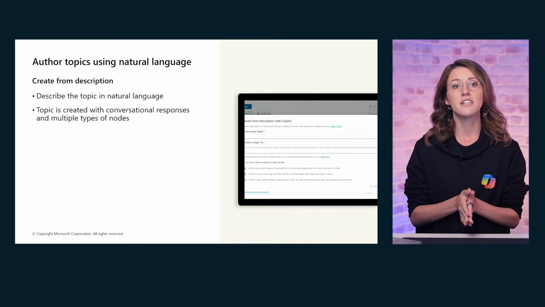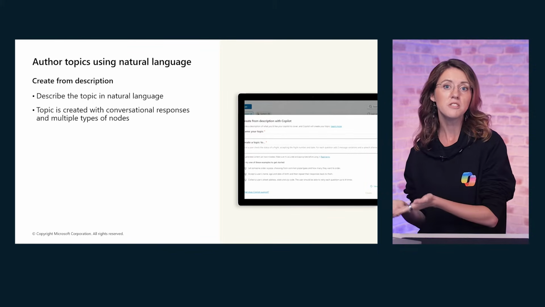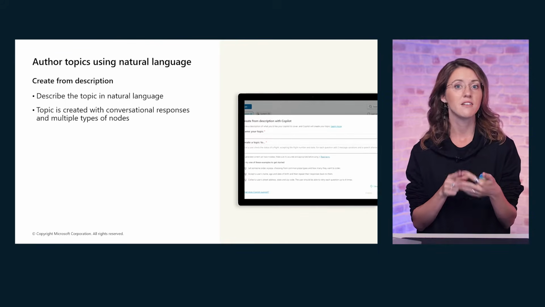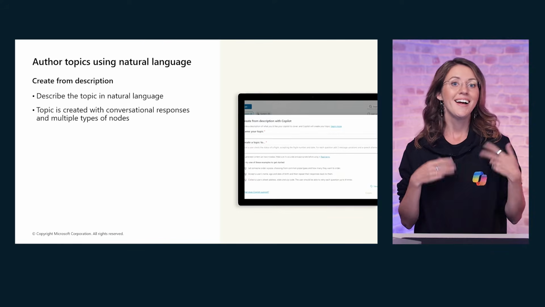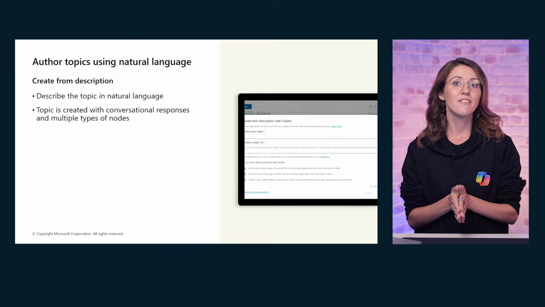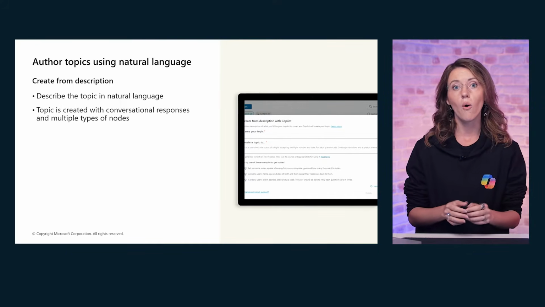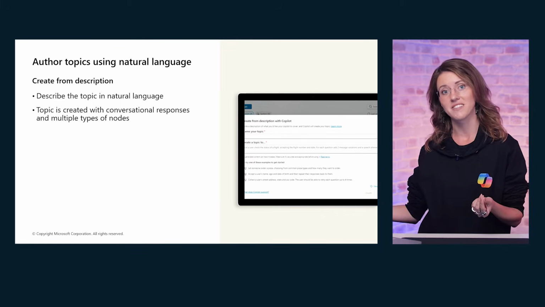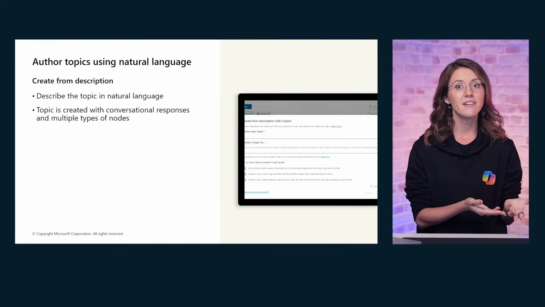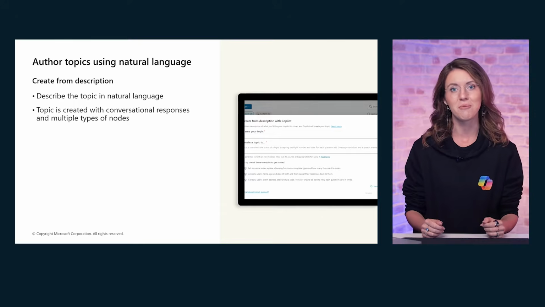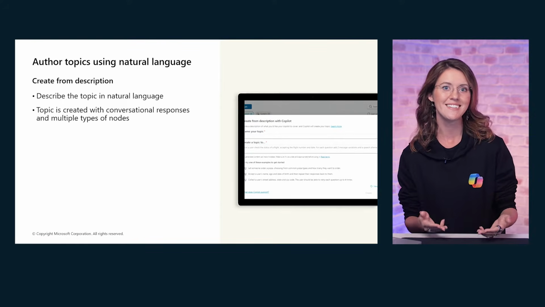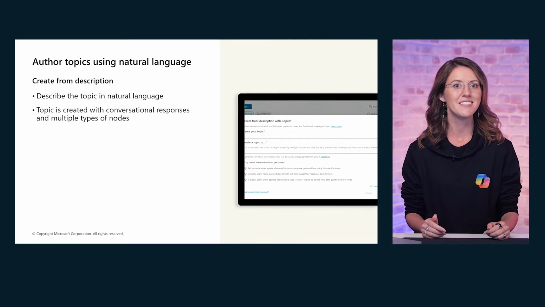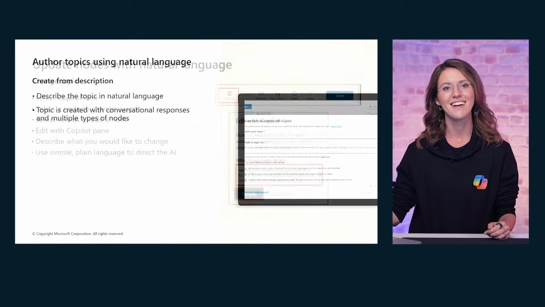It includes conversational responses and multiple types of nodes, such as messages, questions, and actions. You can use the suggested default topic as is or treat it as a starting point and customize it further. Either way, this natural language authoring feature makes it easier to build intelligent, responsive agents without needing deep technical skills.